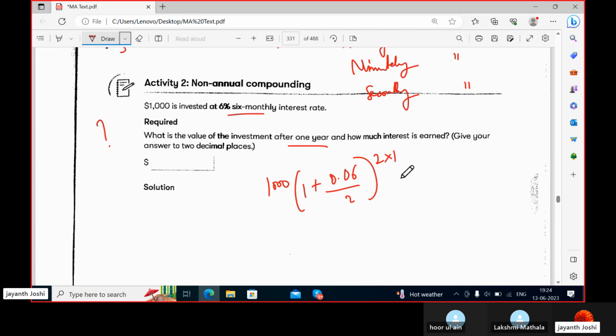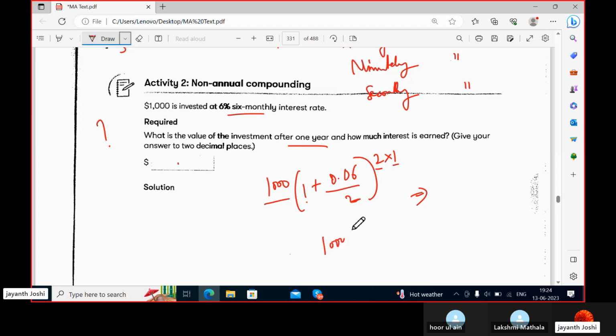Are you understanding what I'm saying? This is the principal. 1 plus r divided by m, the compounding frequency, whole power the compounding frequency into number of years. Tell me what is the answer and we'll see the answer we'll write here. And then we'll see how much interest we have earned.